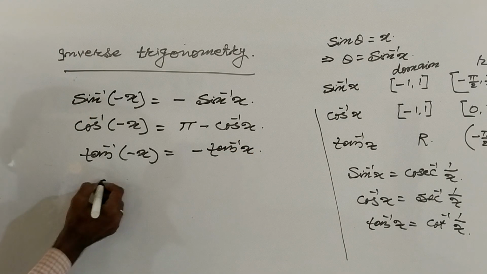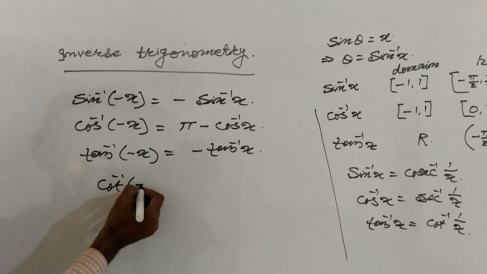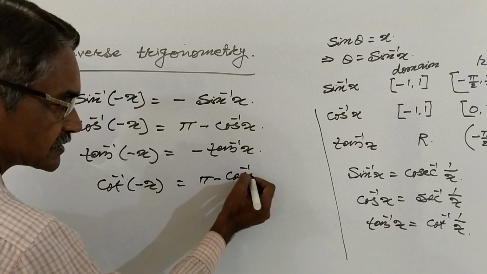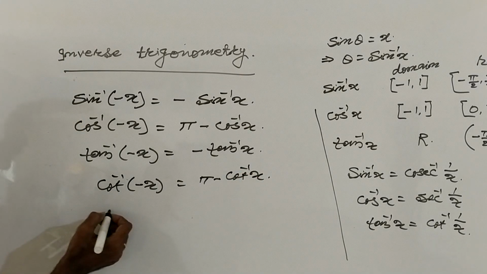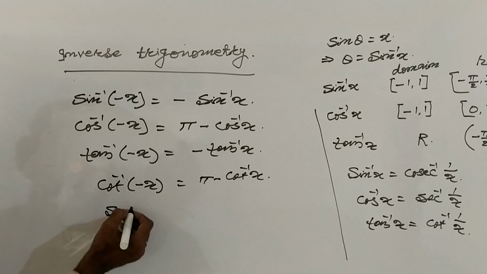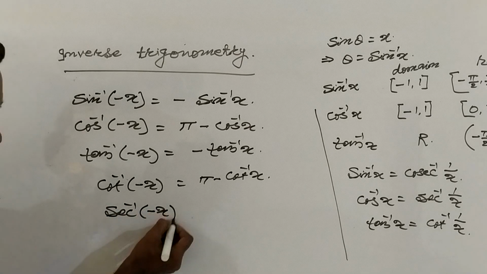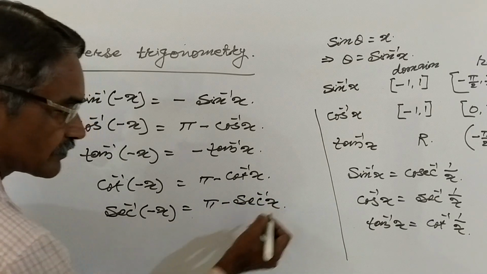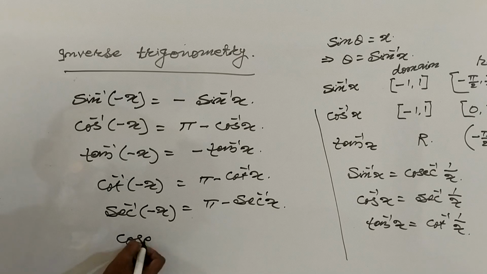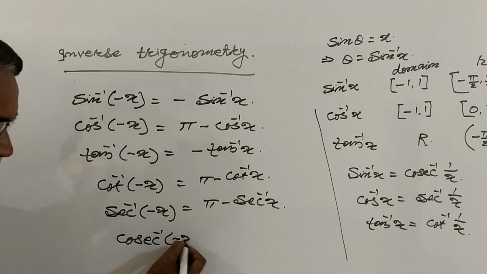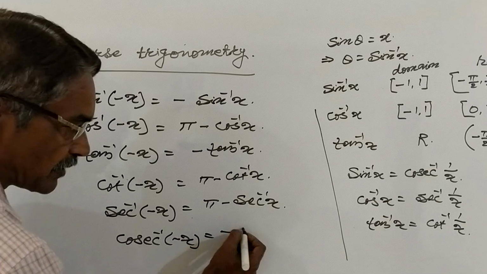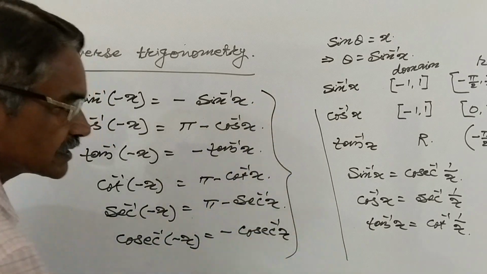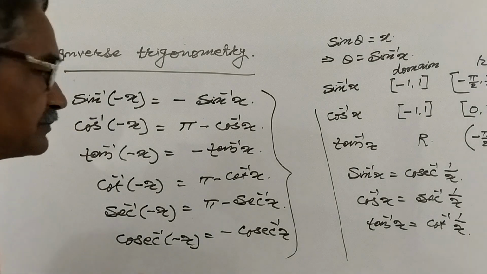Similarly, cot inverse minus x will be written as pi minus cot inverse x. And sec inverse minus x will be written as pi minus sec inverse x. And cosec inverse minus x will be written as minus cosec inverse x. These things you have to remember.